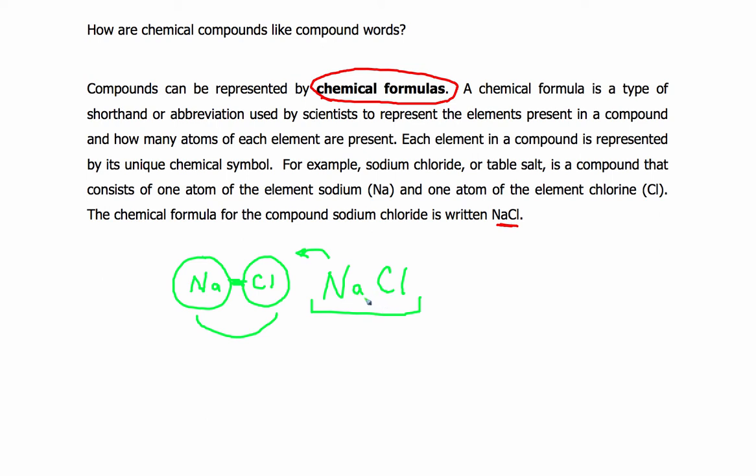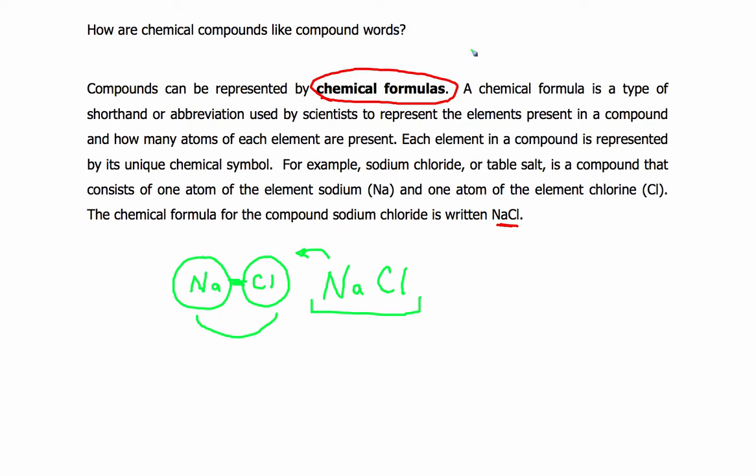Now, an interesting thing I want you to understand: in the next paragraph, we're going to talk about some little numbers that we write at the bottom right of the chemical symbols when we're writing about a molecule. Those little numbers are called subscripts, and they tell us how many atoms of a given element are present in the molecule.